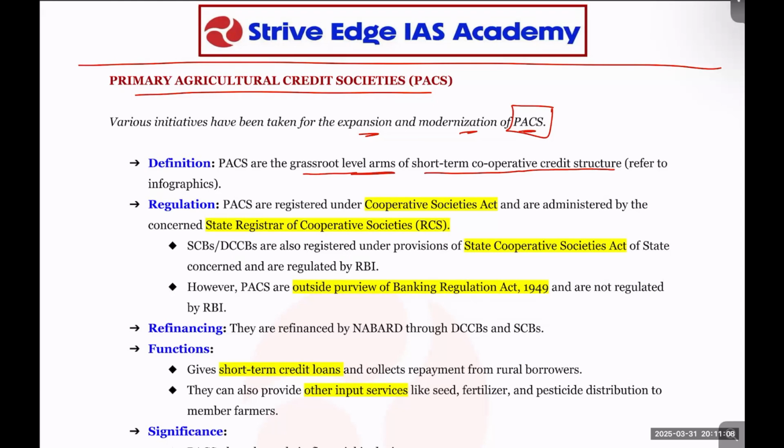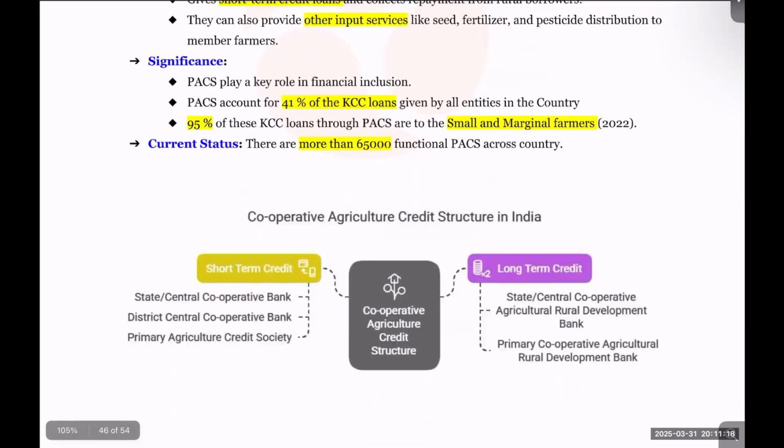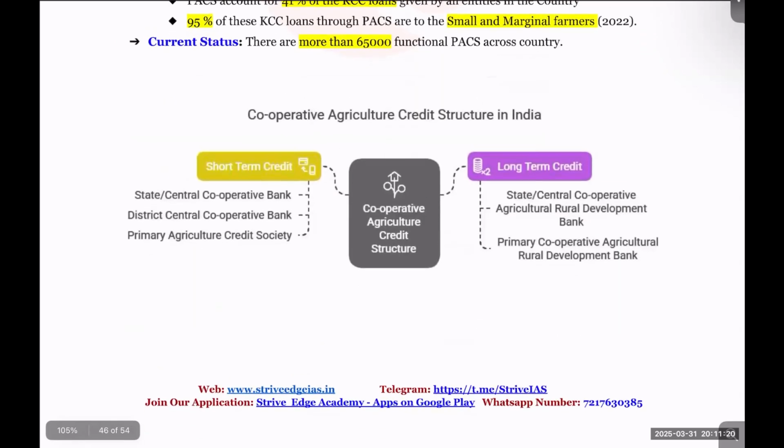So short-term cooperative societies are there, and its rural arms are primary agriculture credit societies. You may not have got it, but now you will be able to get it from this diagram. The cooperative societies system is there in India, and in the agriculture credit societies, some offer short term credit, some offer long term credit.